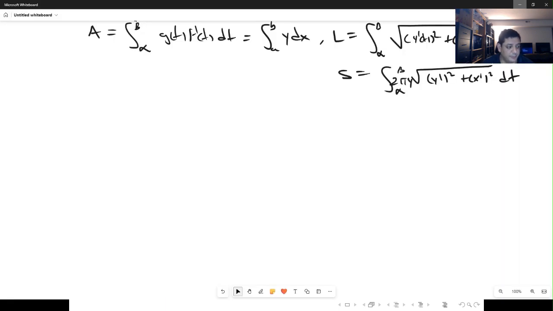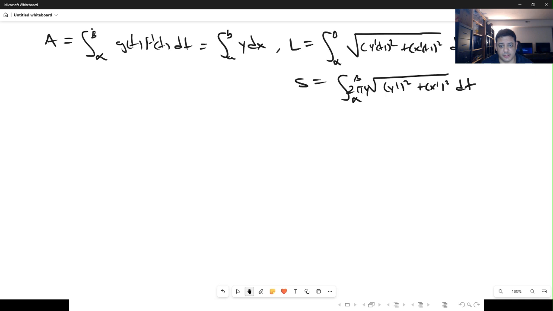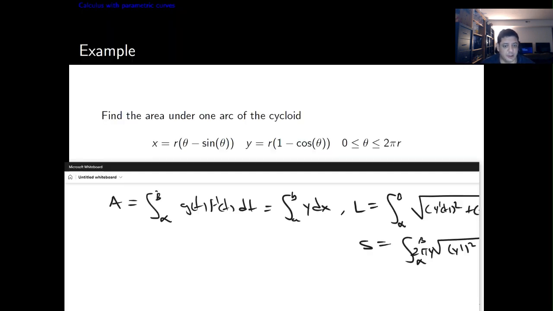So let's go and use the area formula in this. We're going to have our formulas here, and let's copy the equation of the cycloid.